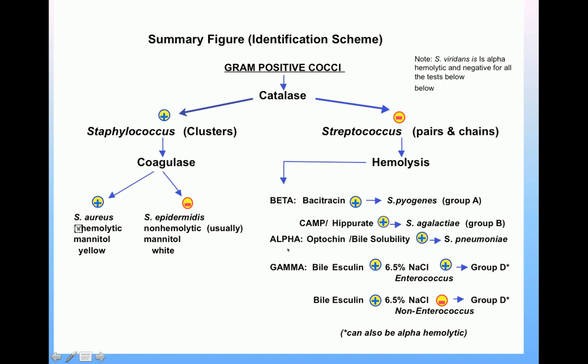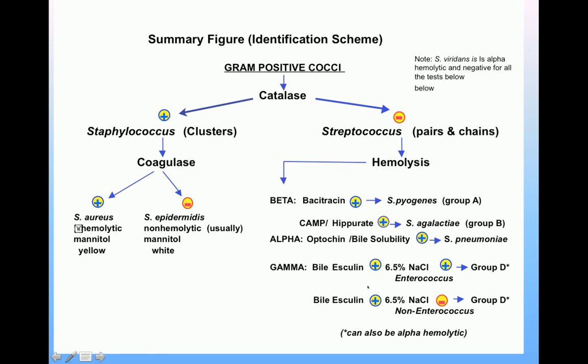If they are alpha hemolytic, which we have just discussed in detail, and they are optochin sensitive and bile soluble, then they are Strep pneumoniae. If they are optochin negative and not bile soluble, then they are Strep viridans. Coming to the non-hemolytic streptococci, if they are bile esculin positive, grow in the presence of 6.5% sodium chloride, and are resistant to penicillin, they are enterococci.